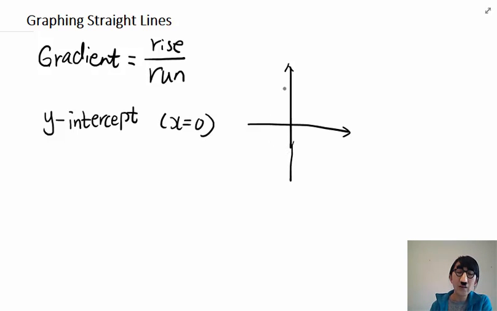Y-intercept means where does this line cut on the y-axis? So at this point, it is the y-intercept, which means x equals 0, then we can get the y-intercept.